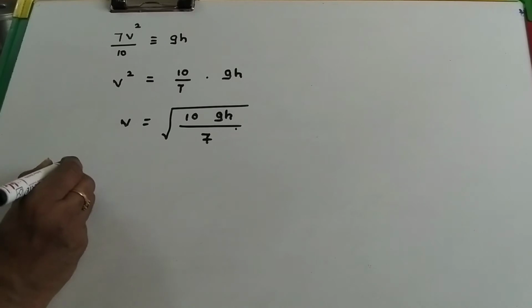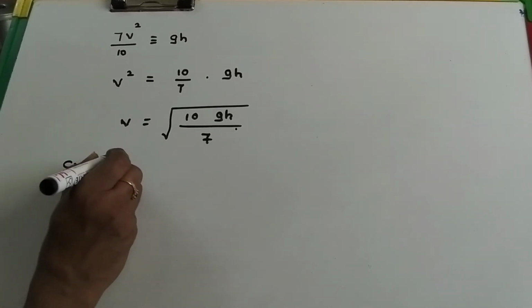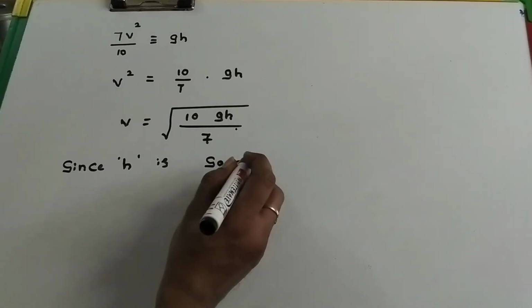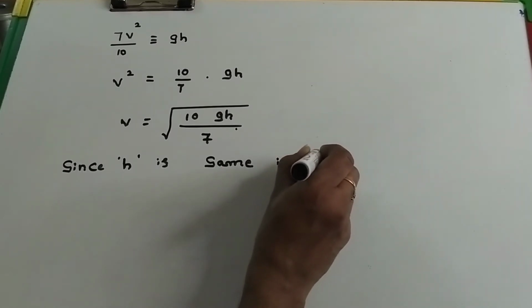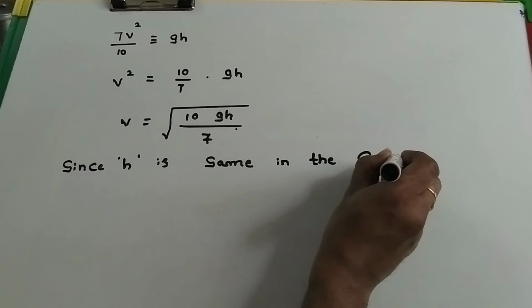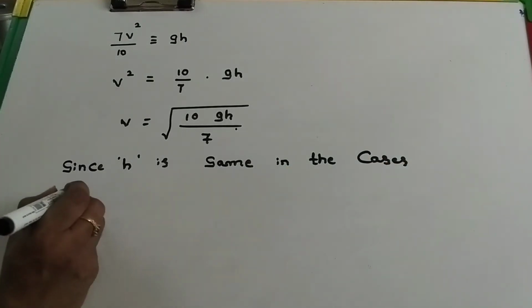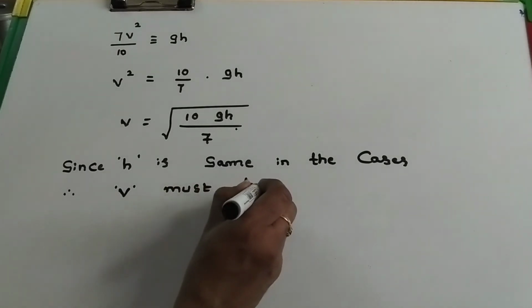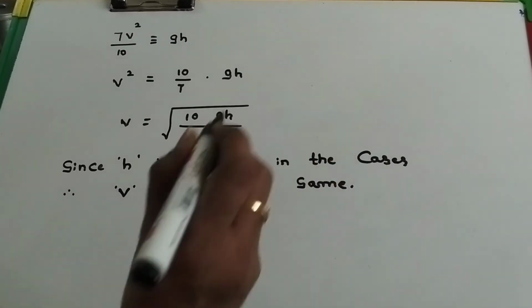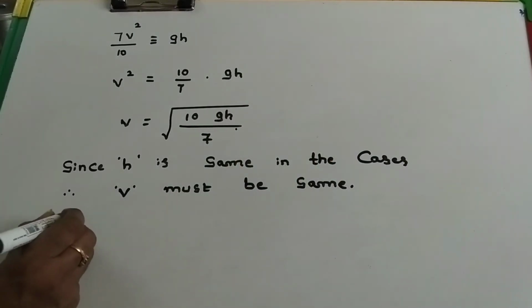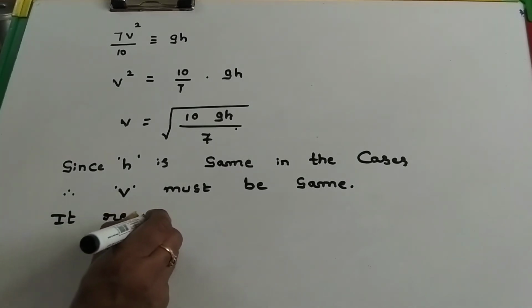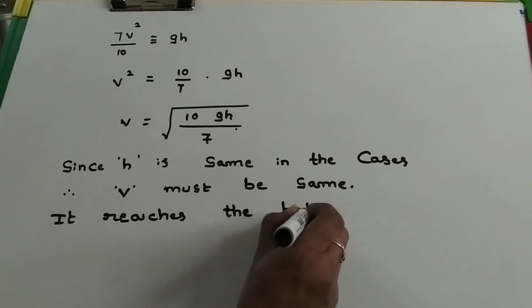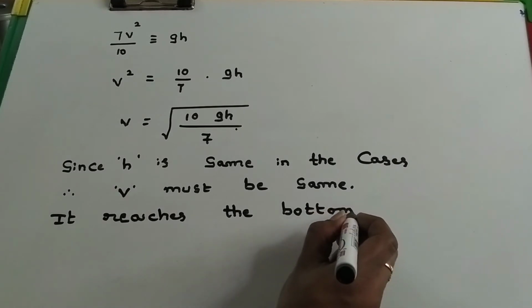That means since h is the same in the two cases, v must be the same. So it reaches the bottom with the same speed.